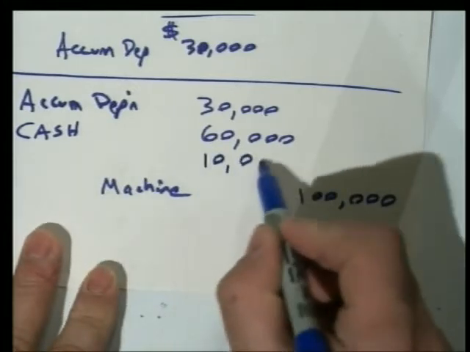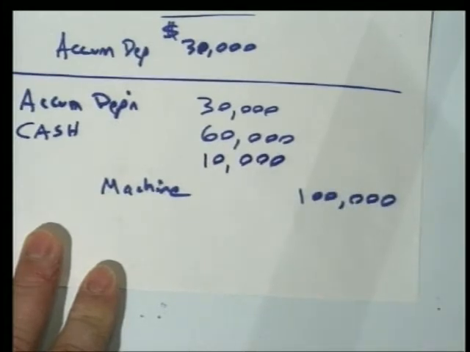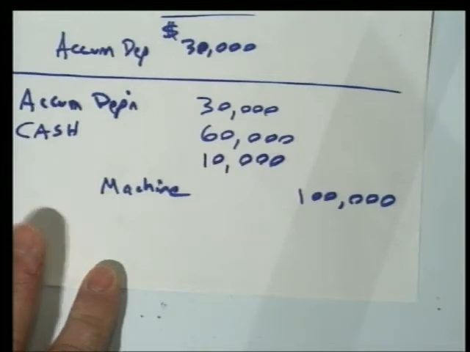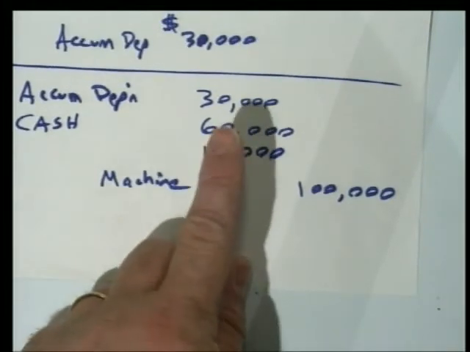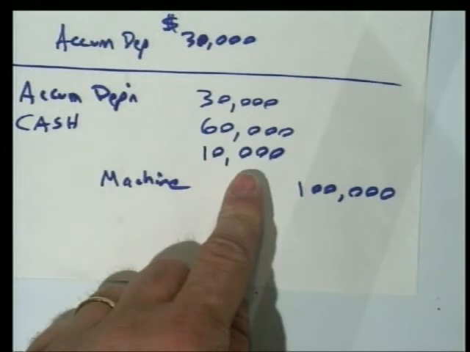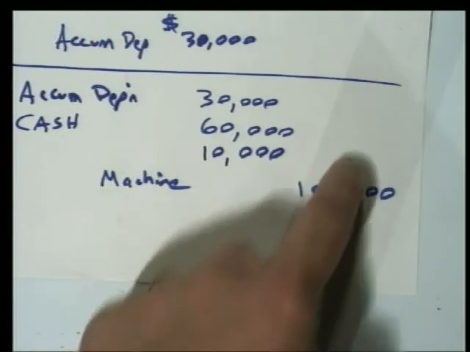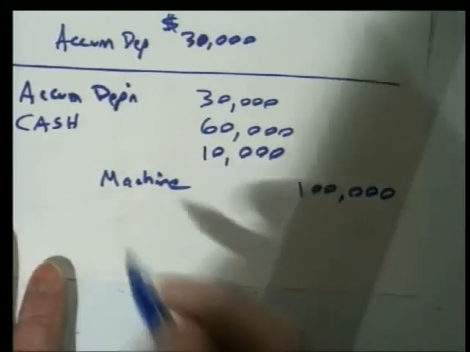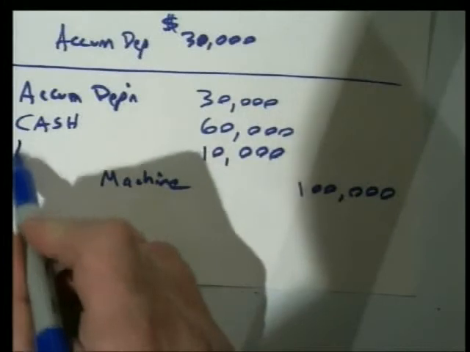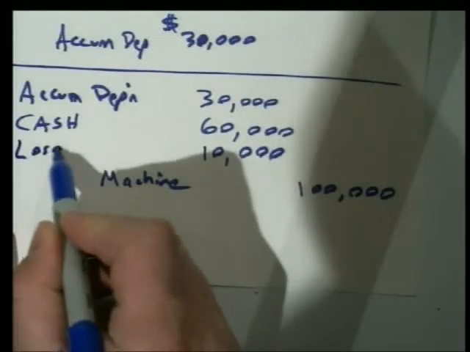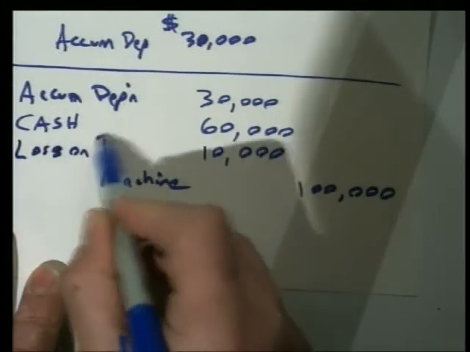How much help does it need? $10,000. Do we debit loss or gain? Give you one more guess. If it's light on the debit side, it is a loss. If it's light on the credit side, it's a gain. Okay? So this is actually a loss on disposal.